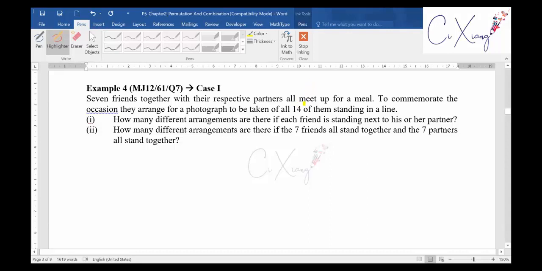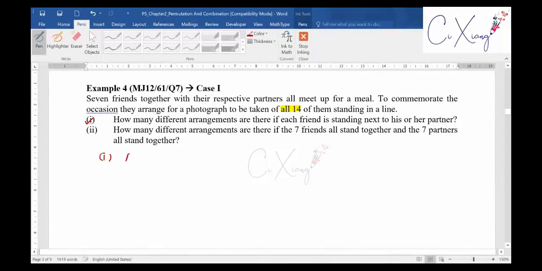To commemorate the occasion, they arrange for a photograph to be taken of all 14 of them standing in a line. First, how many different arrangements are there if each friend is standing next to his or her partner?